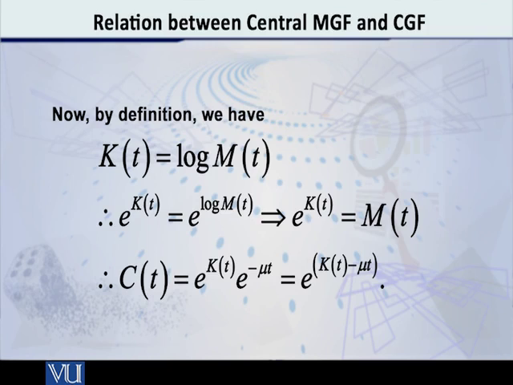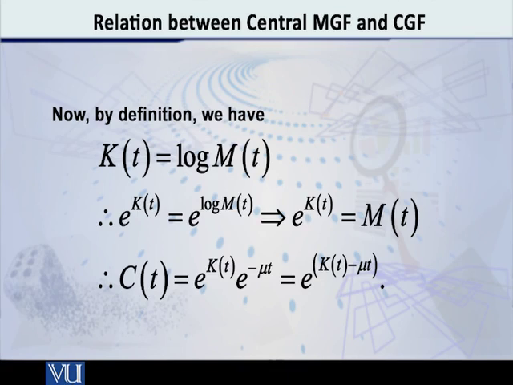हमने कहा था कि capital C of t is equal to e raised to minus mu t into M(t). तो अब हमने इस वक्त M(t) की जो वैल्यू निकाली है उसको वहां पुट कर देते हैं. So what do we have?